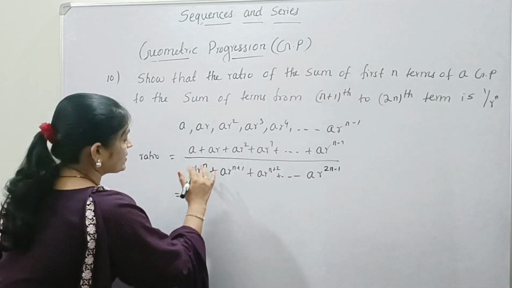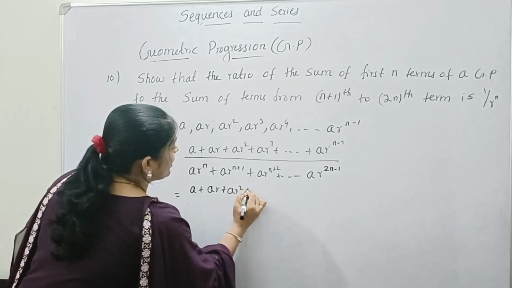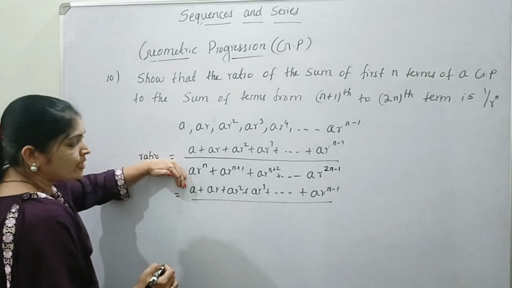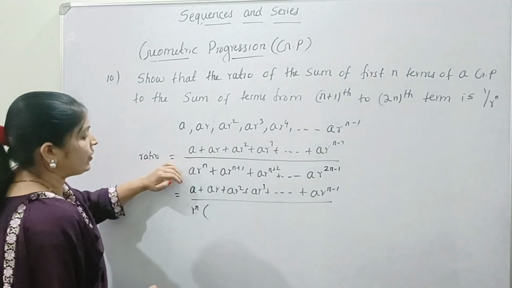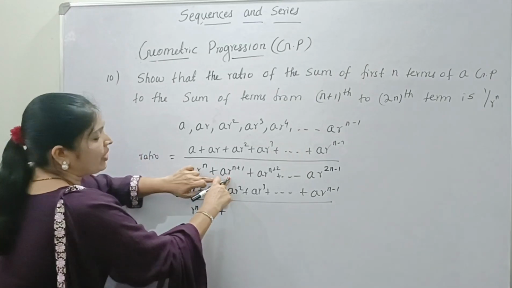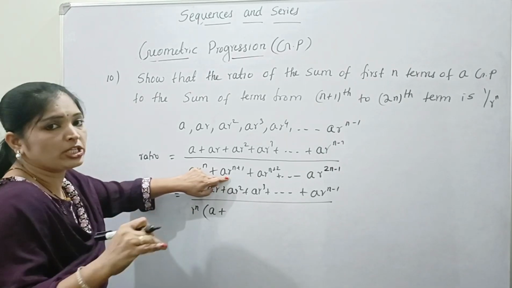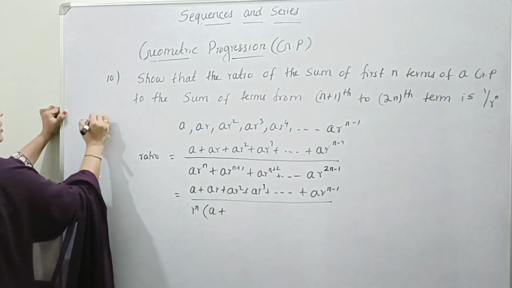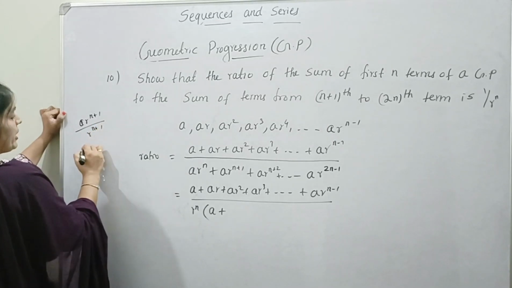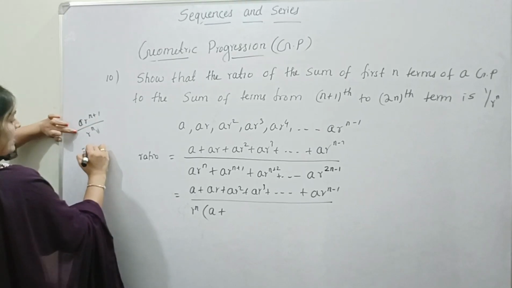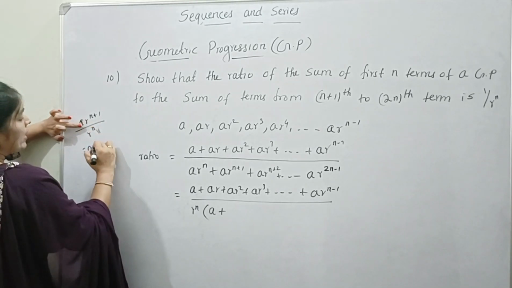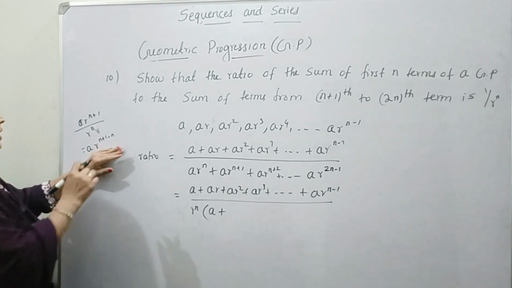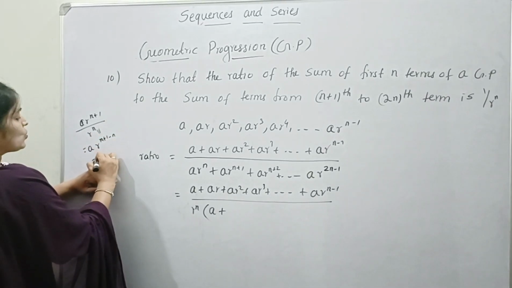The numerator is a plus ar plus ar square plus ar cube plus etc. plus ar raised to n minus 1, divided by r raised to n outside. When we take r raised to n outside, meaning dividing by r raised to n, we write a as it is, and a into r raised to n minus n, which is a r raised to n plus 1 minus 1 by the power rules, so n minus n cancelled, so ar.